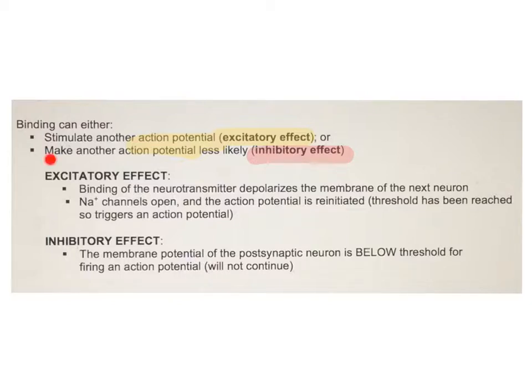So when we're looking at the excitatory effect, it essentially does what we showed in the last diagram. It binds the neurotransmitters, and that neurotransmitter then depolarizes the membrane of the next neuron. And just like we showed in the action potential from the last lesson, the sodium channels will then open. Okay, so if we have our diagram that's starting to look like this, then sodium channels are opening and the action potential is reinstated.